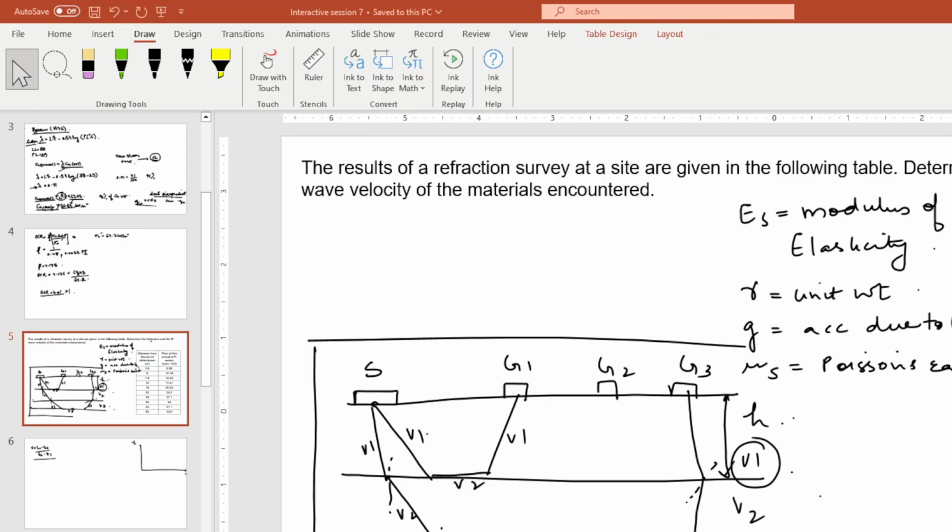Okay, so this is done. This is the distance, and this is the time of arrival.